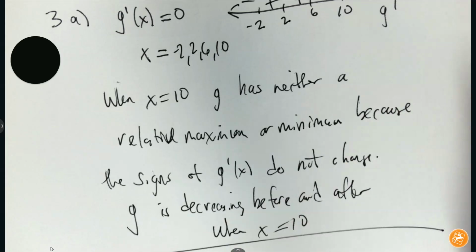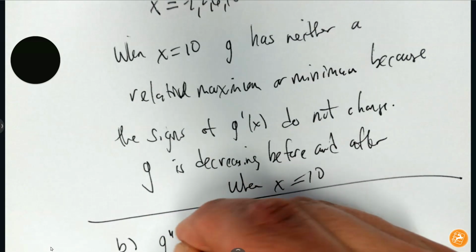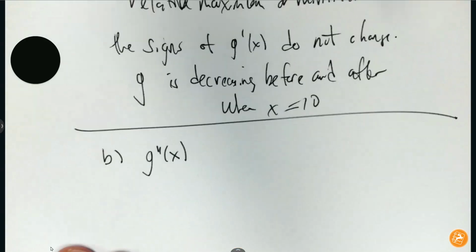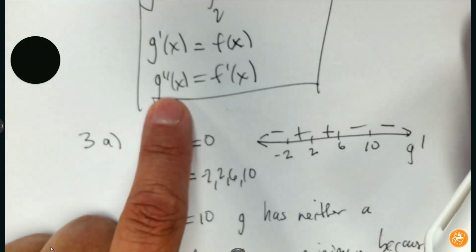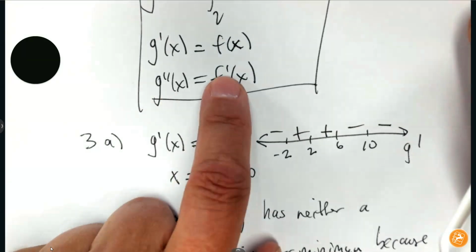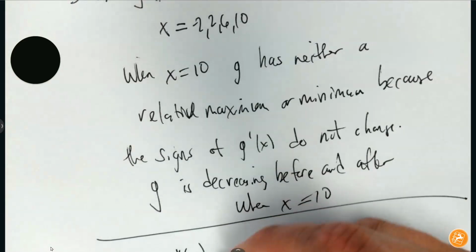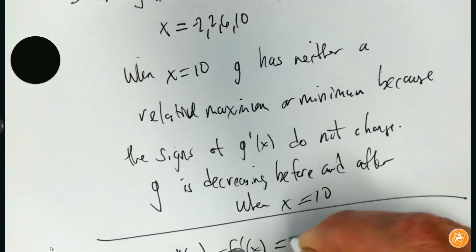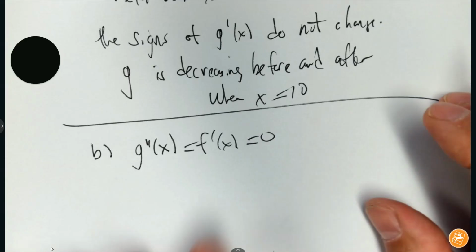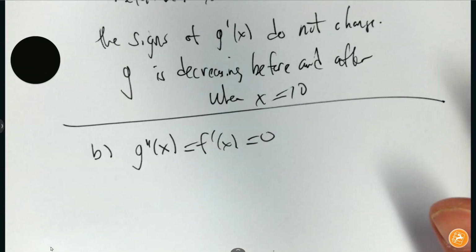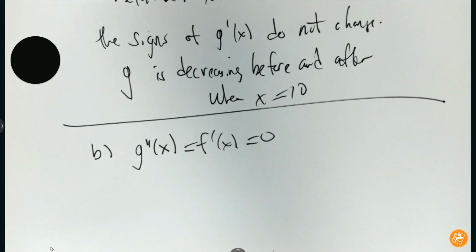Part B. In part B it says, does the graph of g have a point of inflection? So we know for a point of inflection, we're looking at the second derivative. So for the second derivative, off the graph, we're looking at the first derivative, and we want to know what the critical numbers are, equal to 0. Where is the derivative of what I'm looking at equal to 0?